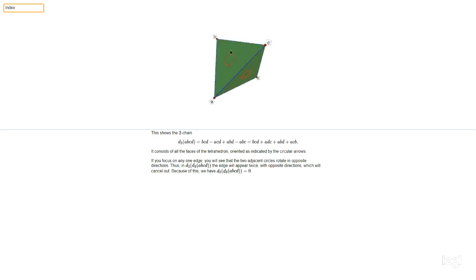That's this face here, ADC, the one that's opposite B, and because it's ADC, we're going around in this direction. And then we have ABD, the face opposite C. Remember, in the definition of D3 we've got four terms, one omitting each vertex.